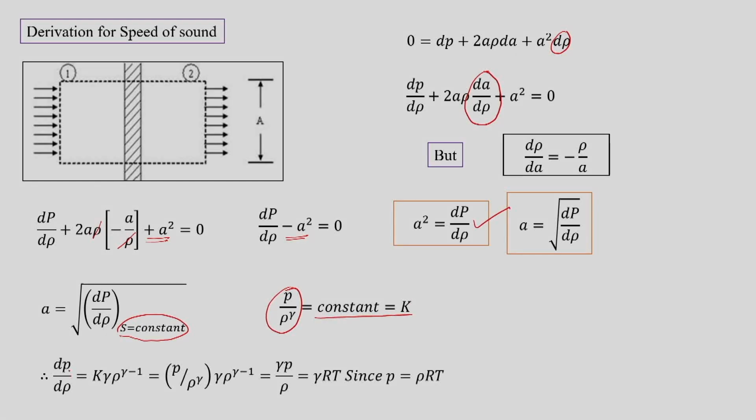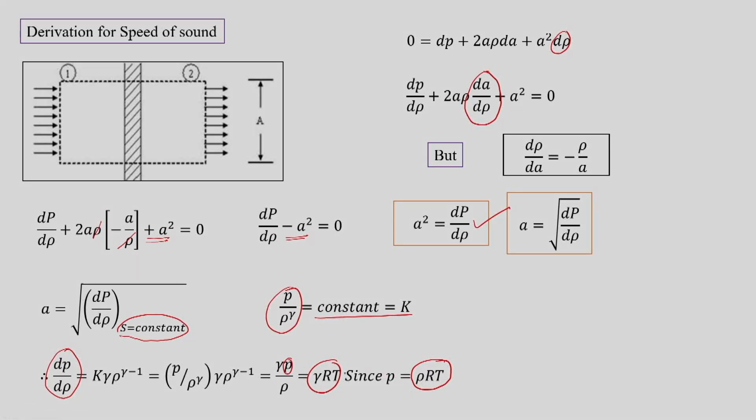So we can differentiate this and get dP by d rho, and that would give you under root gamma RT, since we have P is equal to rho RT.